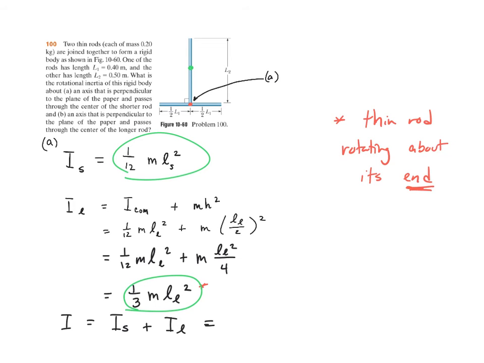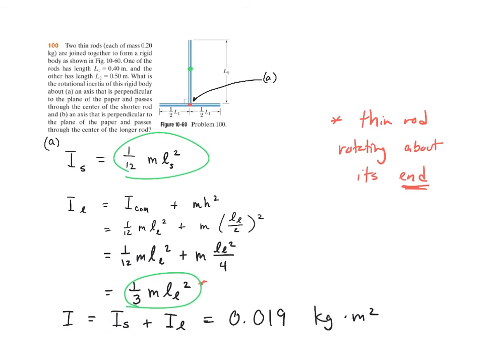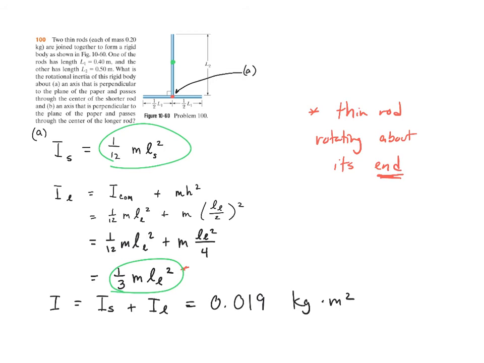For the sake of time, let me just write down what we have here. It's going to be 0.019 kilogram meter squared. And again, this is all just for part A, rotating around the point shown in red.